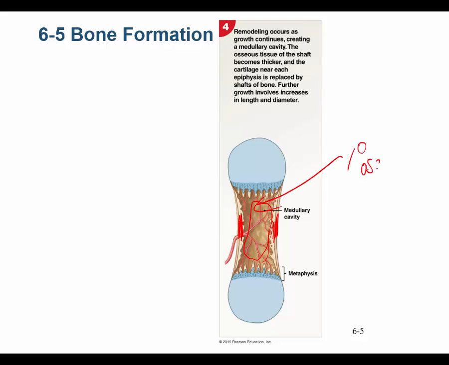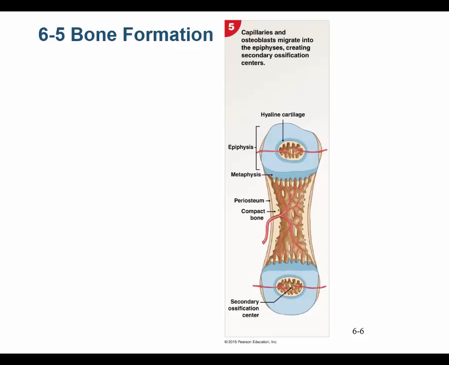Now before I move on to the next step, this all happens before you're born. Now what may occur before you're born, or may not in some bones, is the exact same process in what we call the secondary ossification center. Not all your bones have a secondary ossification center by the time you're born.